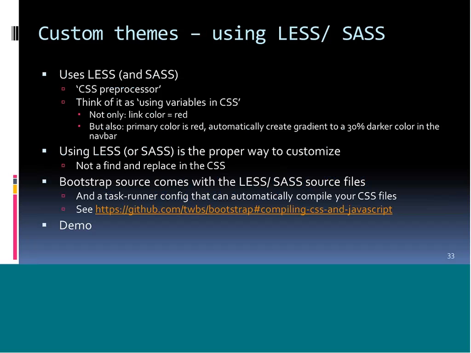You can not only say that I want to have this thing color always red. You can also say, well, the primary color of this page is red, but in the nav bar, I want to have a gradient that starts with the red color and then moves to a 30% darker color to the bottom.